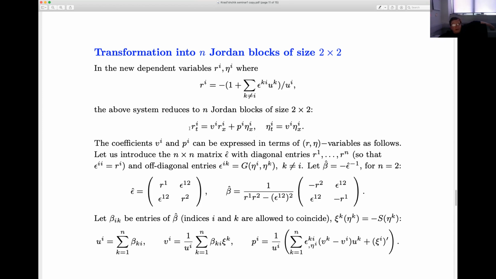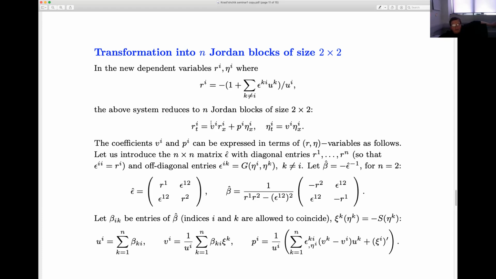For r_i and eta_i, what is written here is a 2x2 Toeplitz block. On the diagonal you have this v_i and v_i, and above the main diagonal you have this entry p_i. Below the diagonal we have 0.